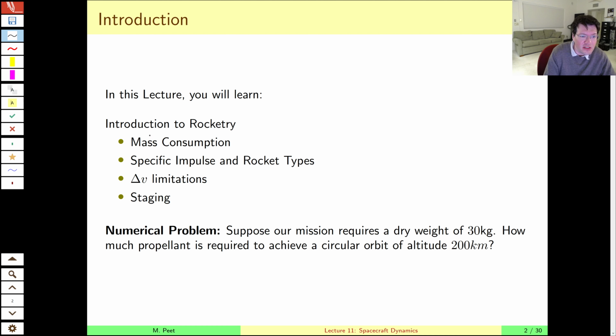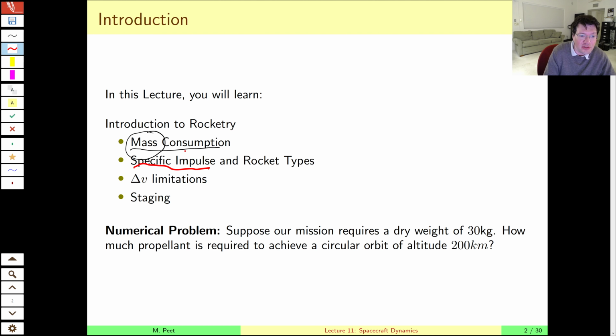Specifically, delta V is created by mass ejection, basically, conservation of momentum issues. So how much mass does a rocket need to have in order to get a certain delta V out of it? So we'll talk about that. That underlies everything we're going to be talking about. So mass consumption is governed by this concept of specific impulse.